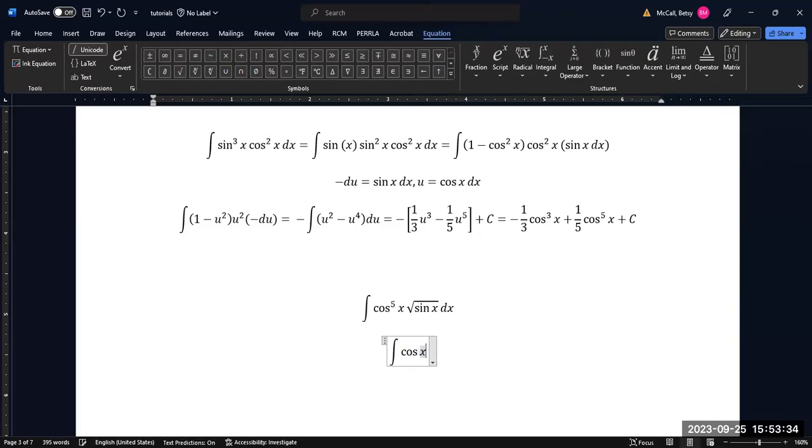So I'm going to pull out my cosine, and then I'm still going to have cosine to the fourth, and I'm going to rewrite this sine to the 1/2.